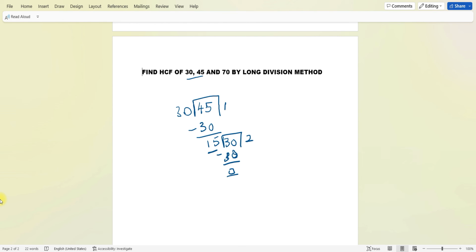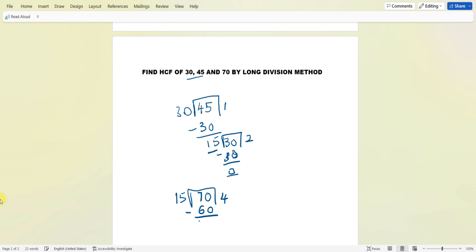So this becomes the new divisor for the third number. The third number is 70, so we'll take 70. As 70 doesn't get divisible by 15, I would be taking 4 times 15, that would come up to 60.